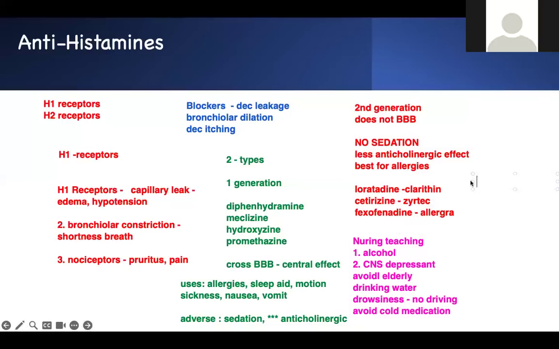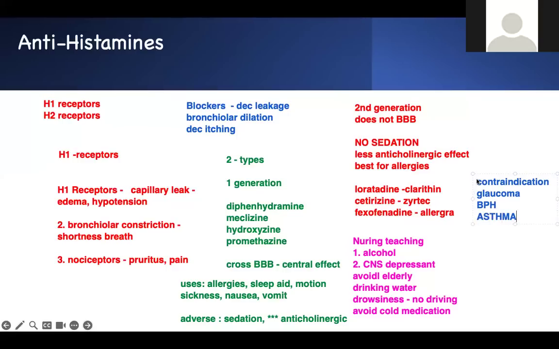And the last one is caution. The NCLEX loves this. They love this very much. So contraindications. If you have glaucoma, you should avoid it as much as possible. If you have BPH, it can cause urinary retention. You should avoid it.